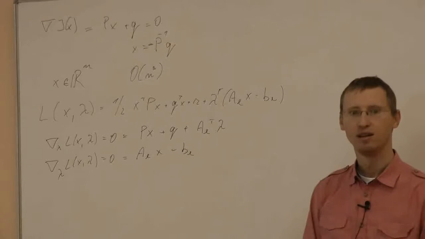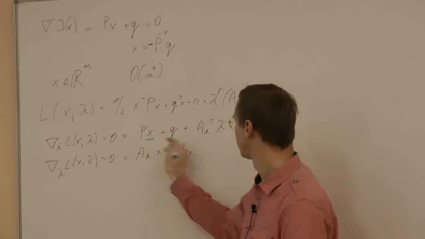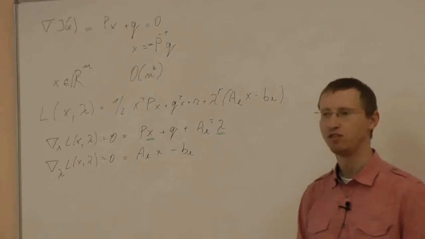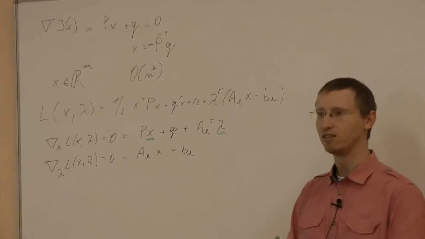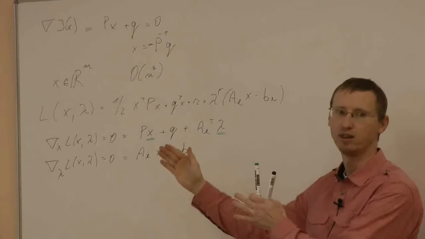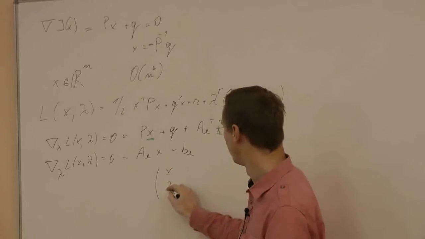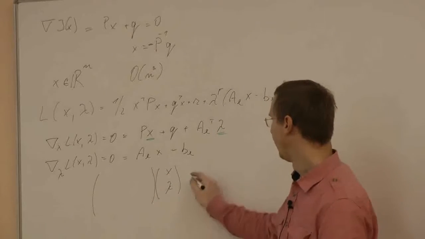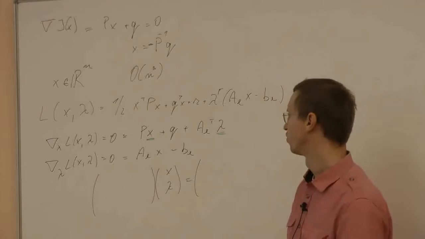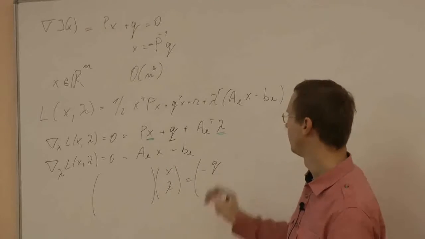Okay? So now the unknowns that we are looking for are X and lambda. How can we solve for X and lambda? We have to write a system of equations where we separate the optimization variables. So the optimization variables are X and lambda. So we form a matrix here, and we set it equal to some constants. So the constant here is just Q, so we put it to the right-hand side.